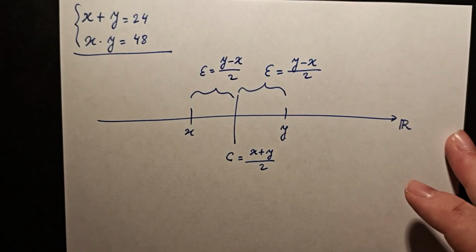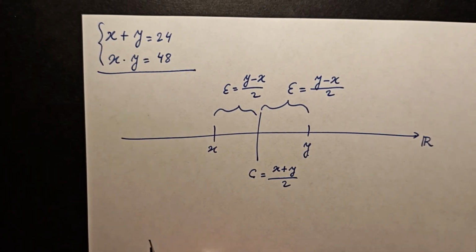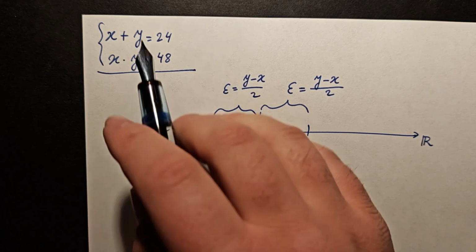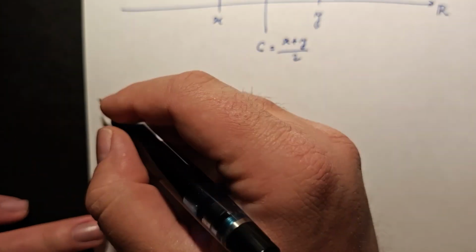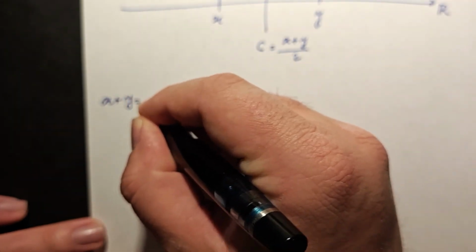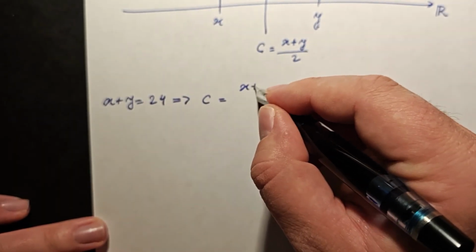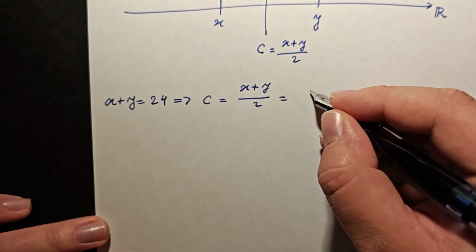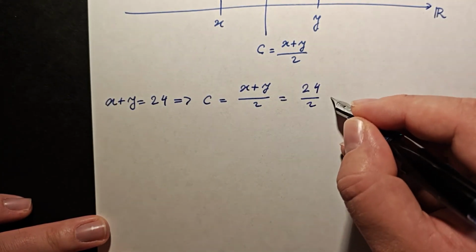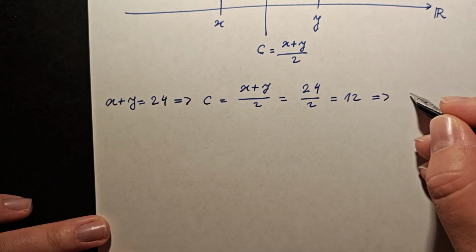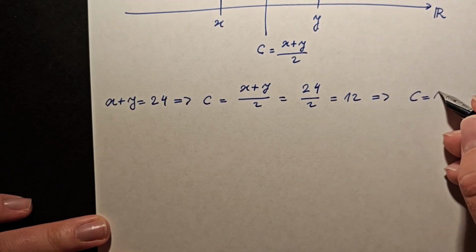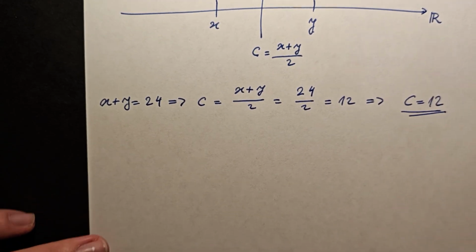So as we know from our system of equations, x plus y is equal to 24, and that means that c, which is given as x plus y divided by 2, is just 24 over 2, which is 12. So we know that center dot c is number 12.